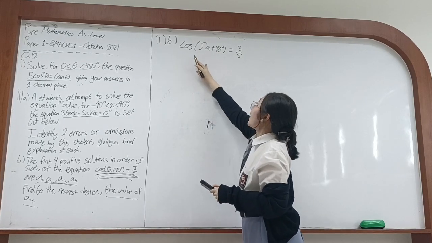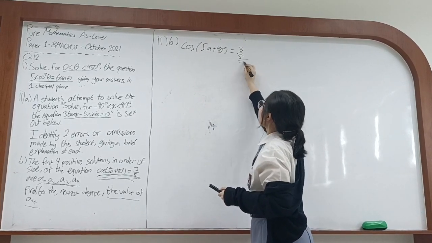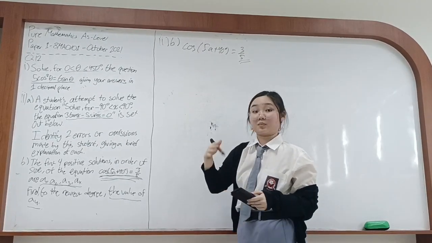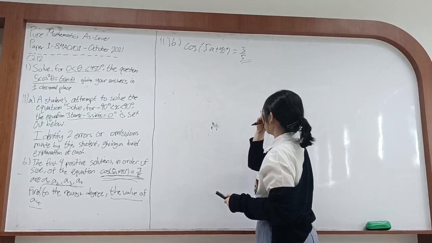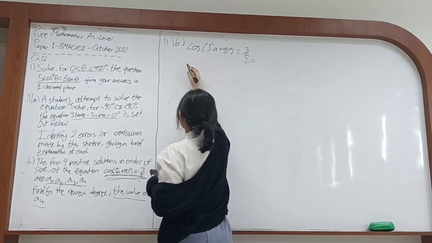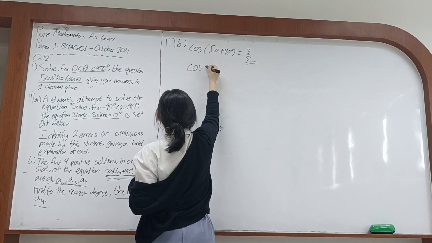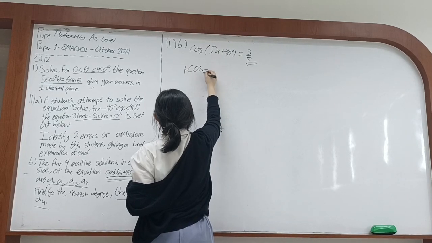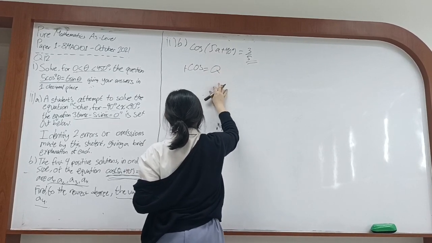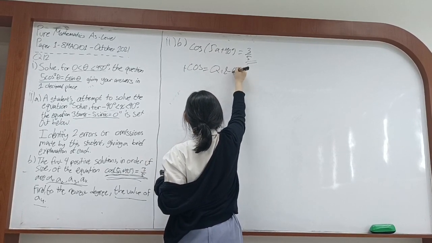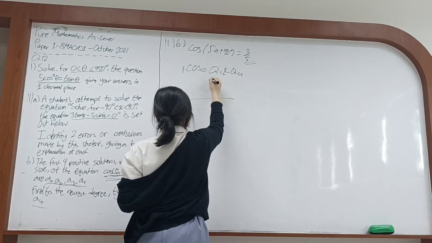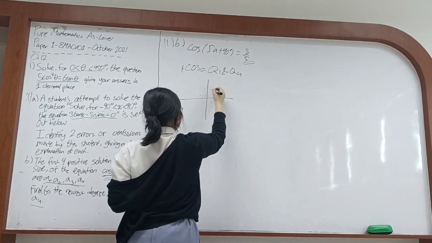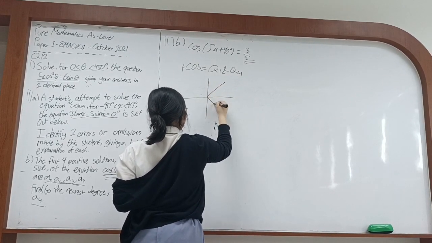Now, if you look at the value of cos, we know that it is positive, similar to the previous part. Since cos is positive, we can find it in quadrant 1 and quadrant 4. So this is what it looks like in the quadrants. It'll be here and here.